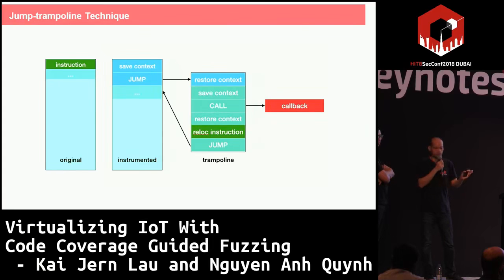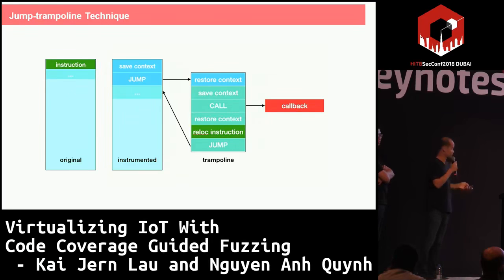But there are some special, very sensitive instructions that are sensitive to the position inside the memory. For example, a relative jump or relative memory access: when you move it from somewhere to somewhere else, it doesn't work anymore. So, to make sure that the original code still works, we need to relocate the instruction. We need to rewrite, to modify it somehow in some cases. And after that, we jump back.